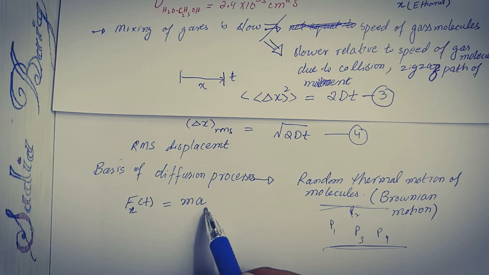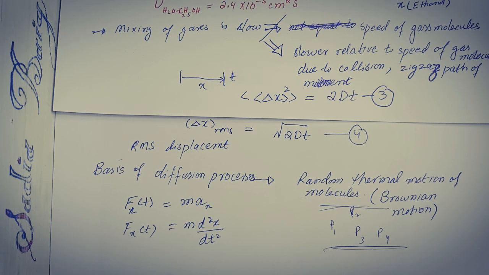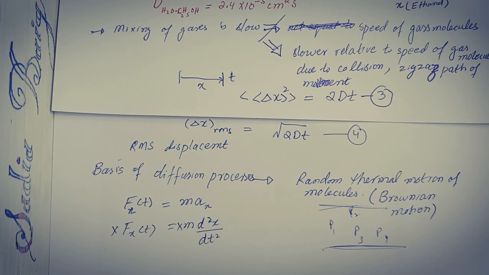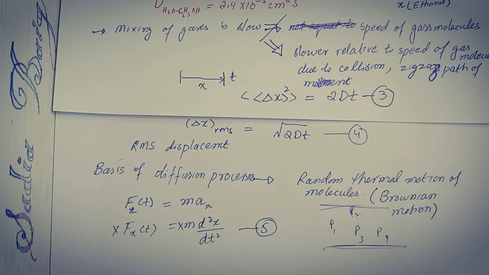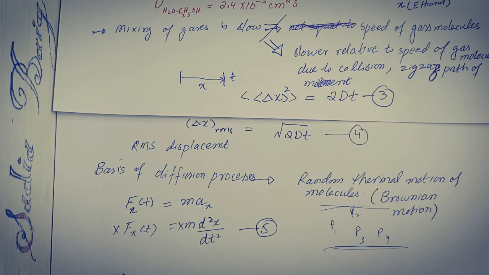So we have to define the acceleration, and acceleration is actually the change in distance with respect to time, and by multiplying with the value of x distance, we get equation number 5, and this is the total force that is acting on the motion of the molecules, that is the random or Brownian motion.